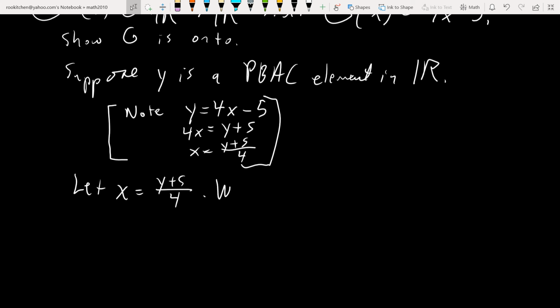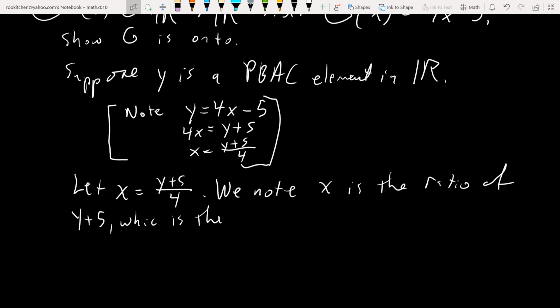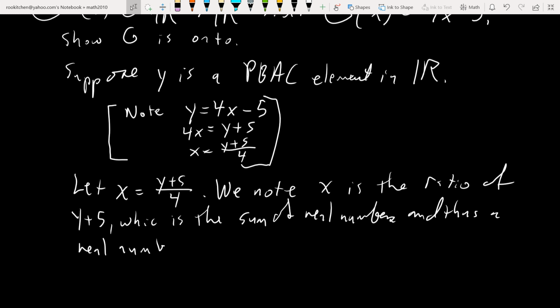We then note it is in the domain. You have to have that part to be true. We note x is the ratio of y plus 5, which is the sum of real numbers and therefore a real number, and 4, which is a non-zero real number.